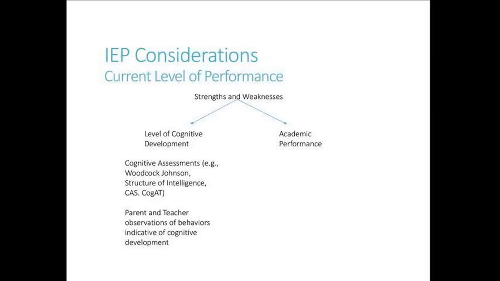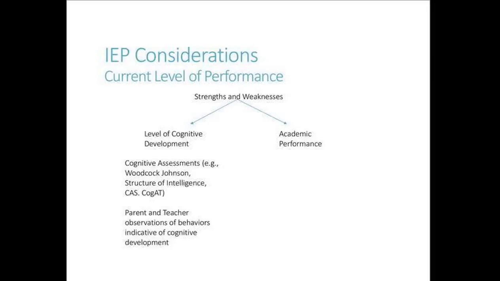In addition to that, though, we should be looking at parent and teacher observations, because often that's what leads to the identification of a student with learning disabilities, that there are things that they are doing that are easily observable by parents and teachers that are indicators of cognitive development. So things like the ability to remember a set of instructions, or the ability to copy information accurately from the board.